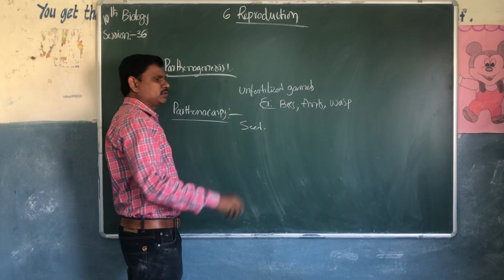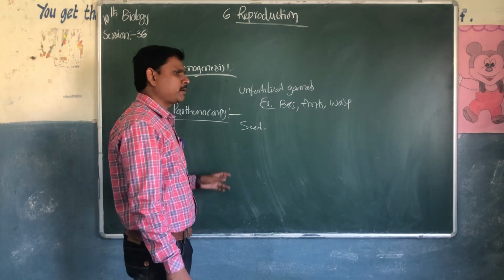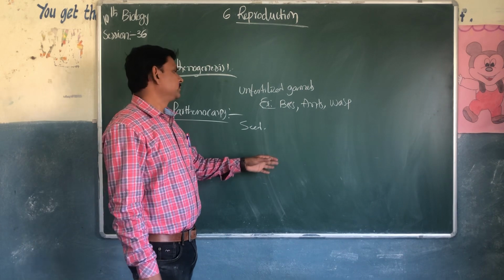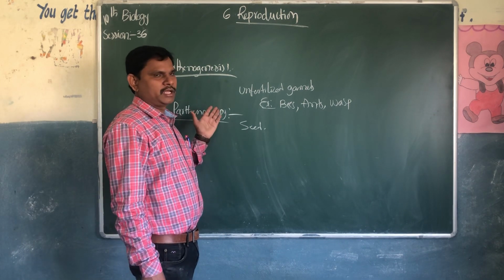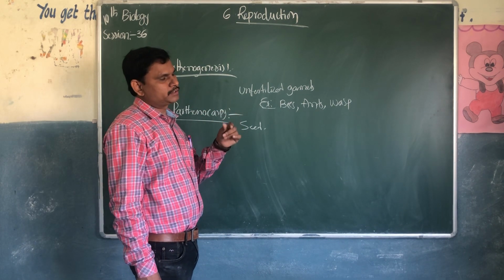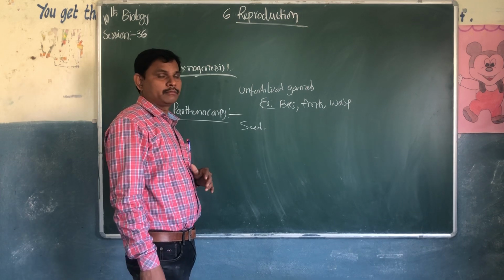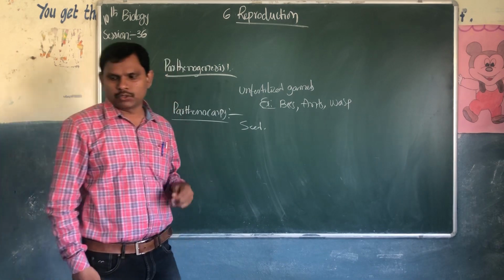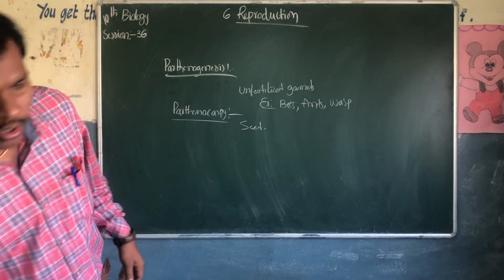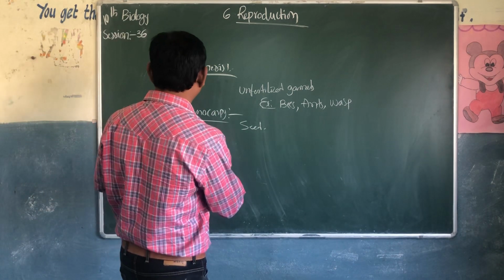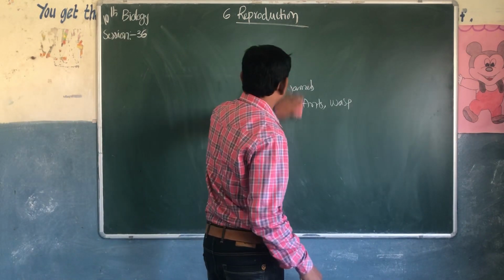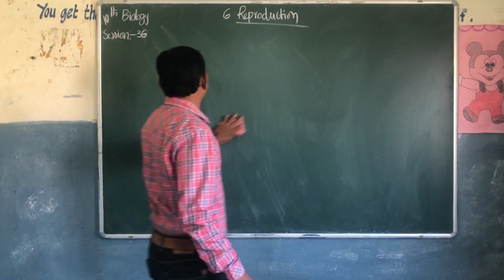Best examples, there are so many: seedless fruits like papaya, grapes, banana, watermelon also. We are eating watermelons with seeds, but there is a watermelon without seeds also. So this is nothing but parthenocarpy. Both parthenogenesis and parthenocarpy are very important.